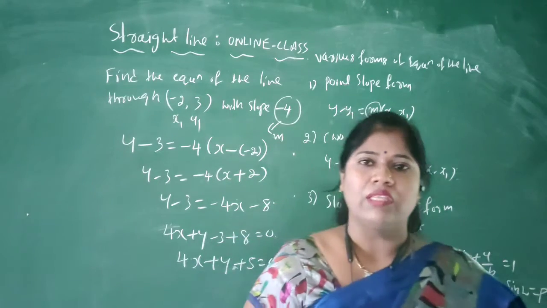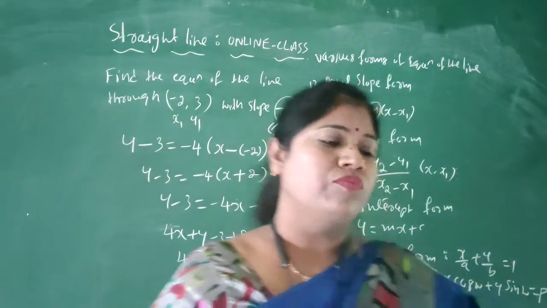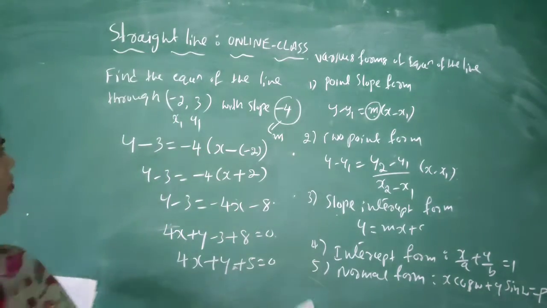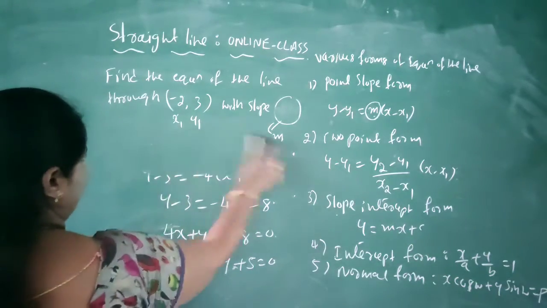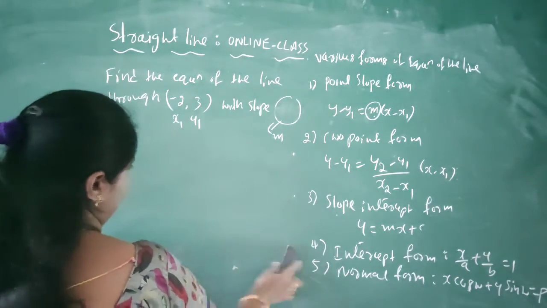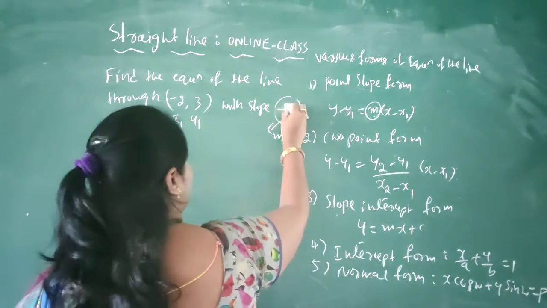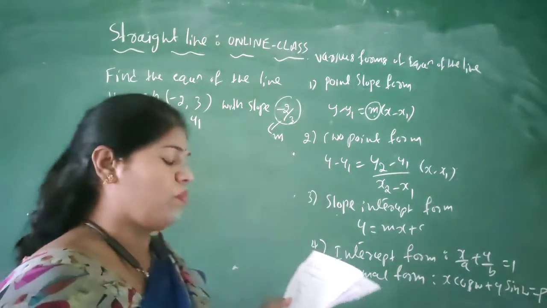Okay. Another question will be: find the equation of a line with slope -2/3 and passing through the point.